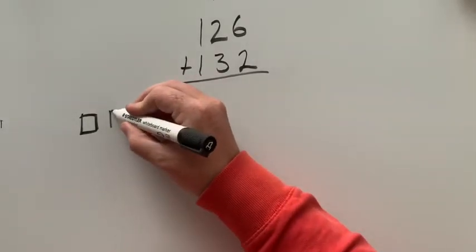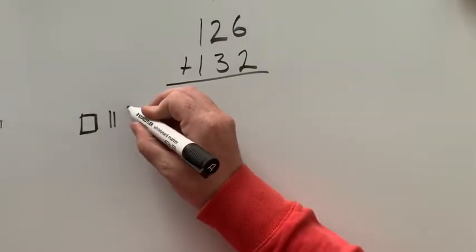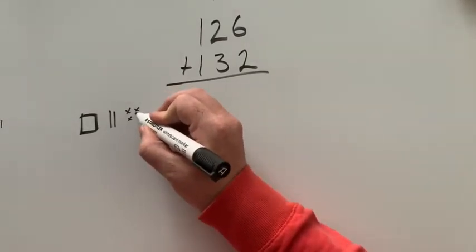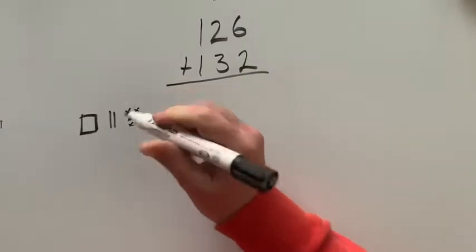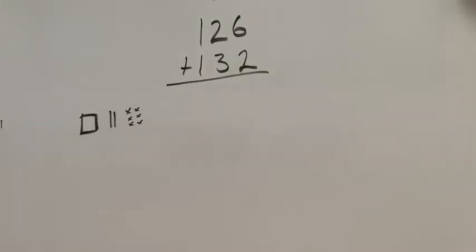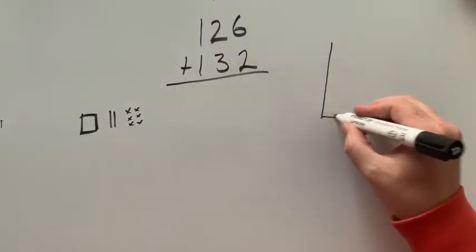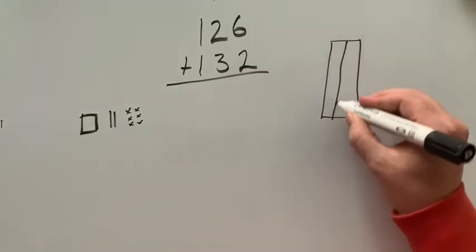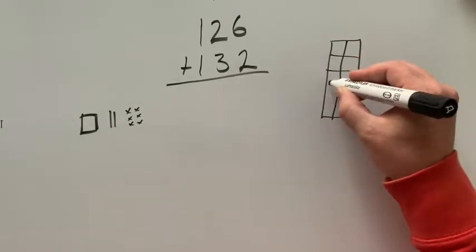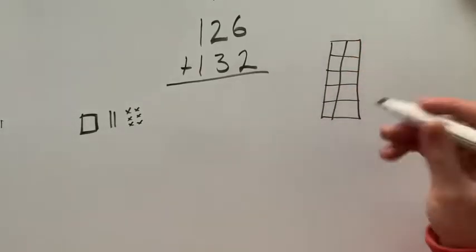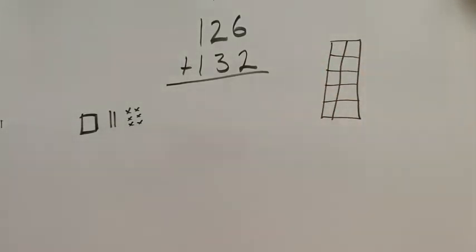Tens, same again, and our ones. And notice with my ones, I'm drawing them in pairs just so that they are closer aligned to tens frames your child is likely, or students are likely to be working with. We want that easy recognition of what the number is, and just giving it a bit of a structure.